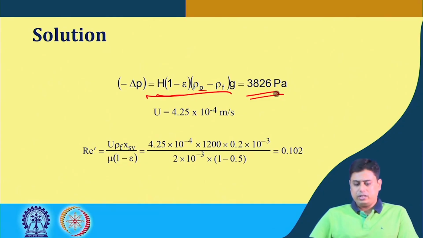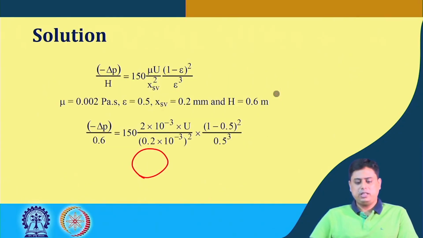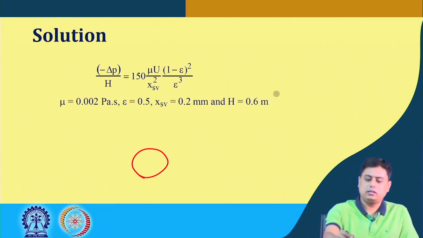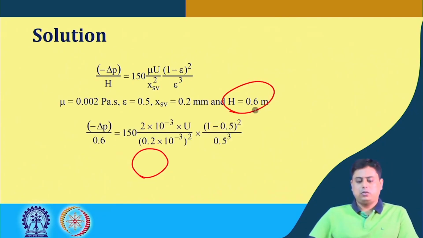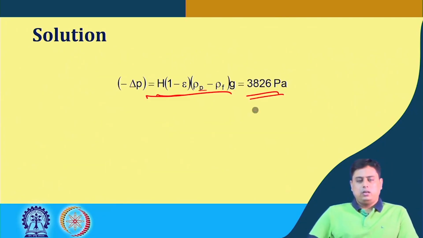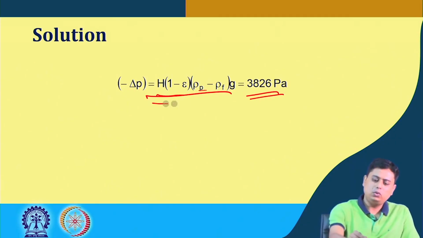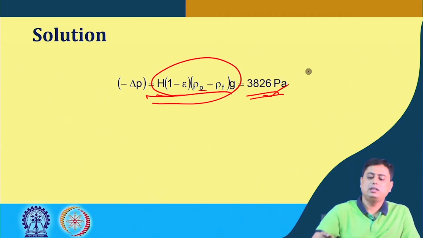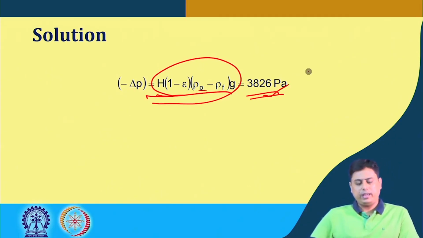Fine, because h is 0.6 meter, 1 minus epsilon is 0.5, rho p is known, 2500, rho f 1200, g is 9.81. We do the calculation here, we get 3826 Pascal as the del P.